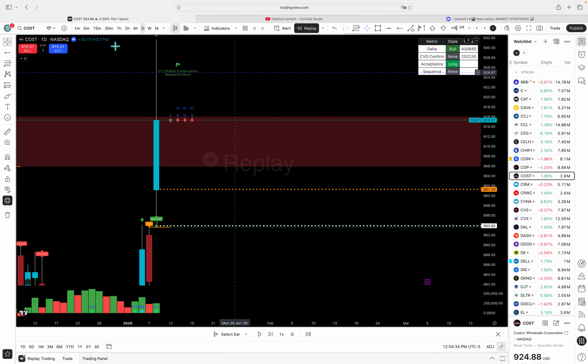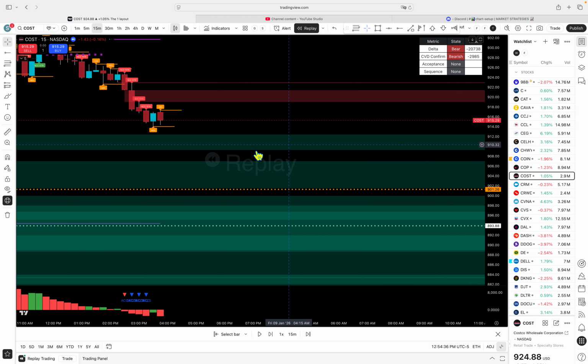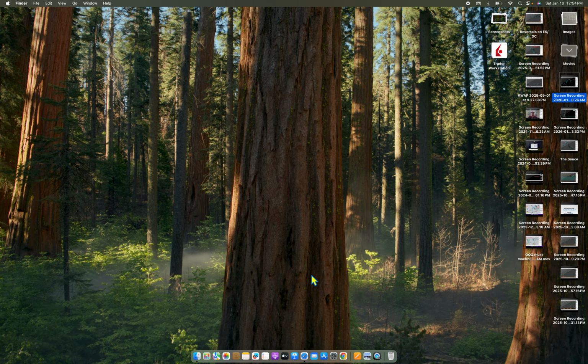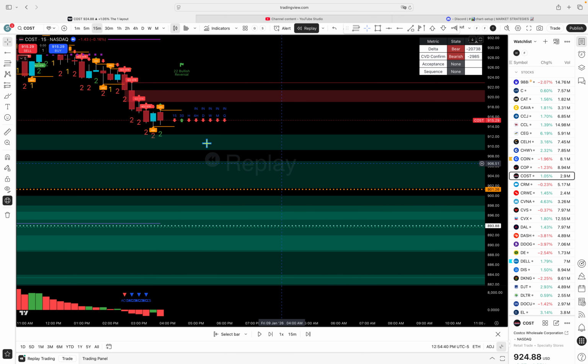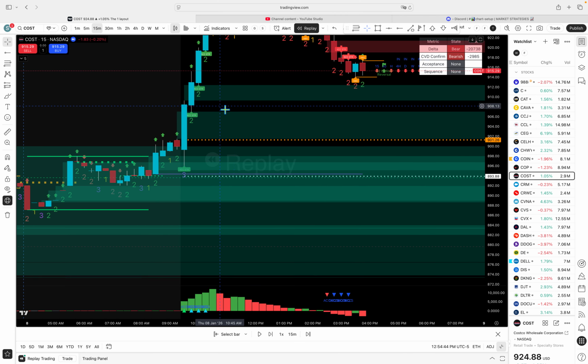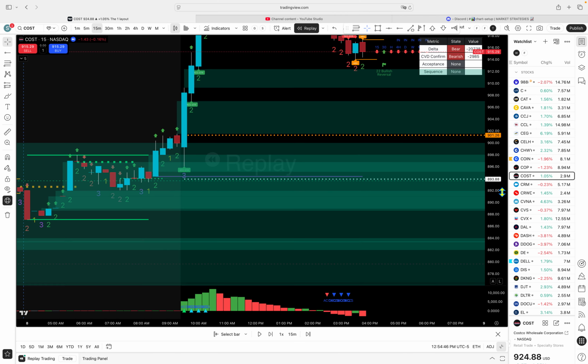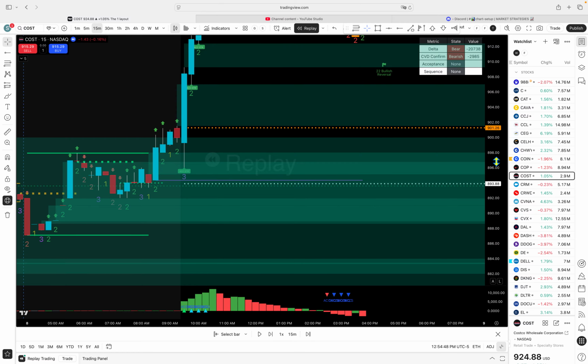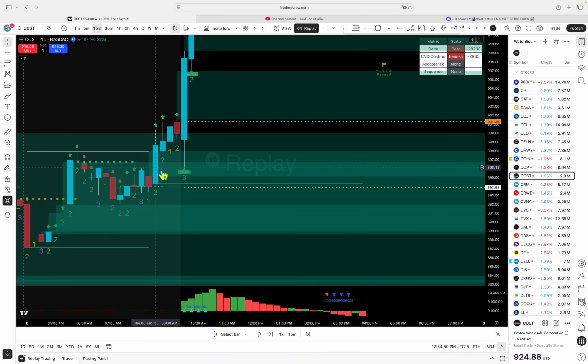All right, so that way we got a good clean visual of it. All right, so oops, sorry about that. So this level down here, 893, that was the high of the previous day's candle, which we've seen in our pre-market data that at 8:30 it was already pushed up over there.